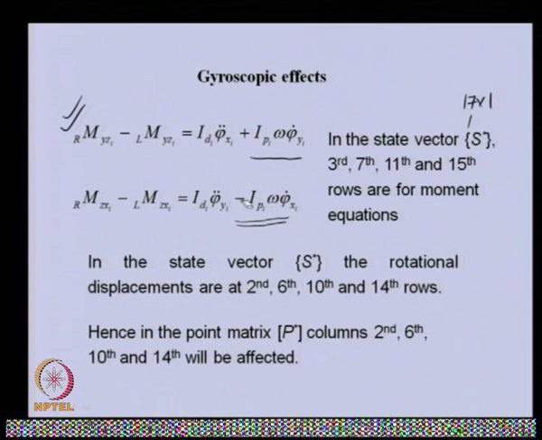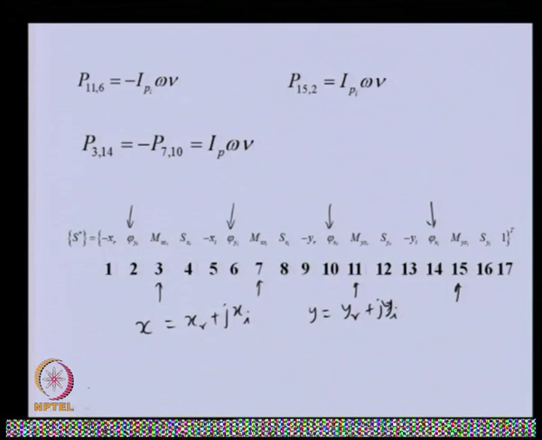Similarly, if we take this equation and expand it, we will get two additional terms, and there you can check that at the third row and 14th column and the 7th row and 10th column, this term will be coming. So, in total we will be having four entries which will be new because of the gyroscopic couple.